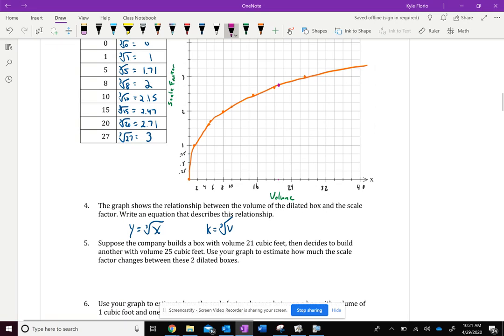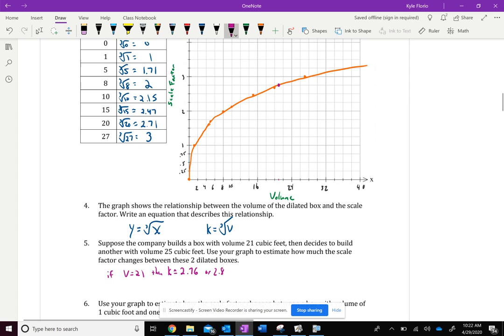So it looks like the height's going to be just above this point right here. If the volume is 21, then the scale factor k looks to be just above 2.75. Let's call it 2.76 or even 2.78 or 2.8. Somewhere in that range.